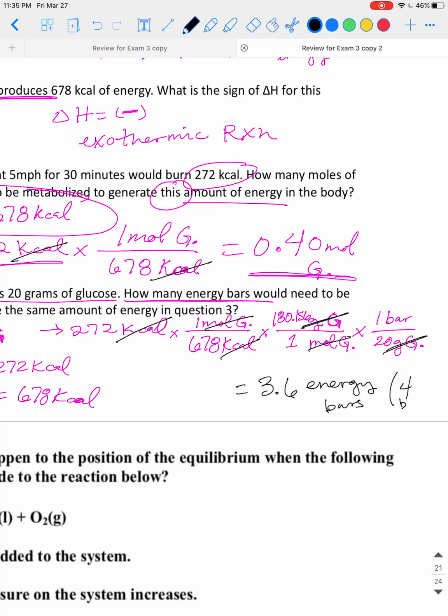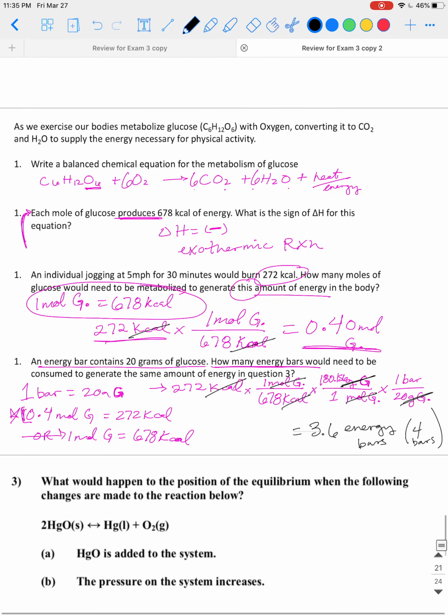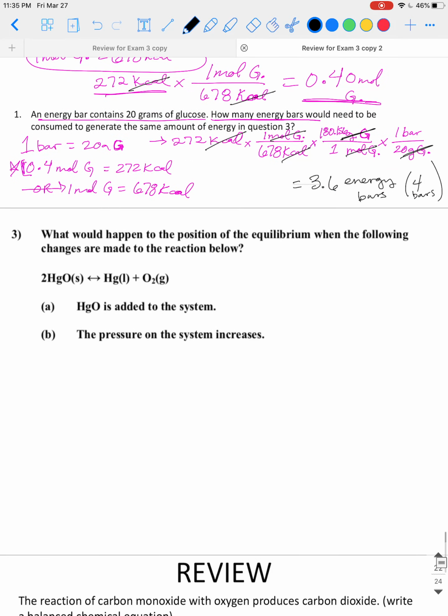And you know what? Who stops at 0.6 bars? So we'll just say 4 bars. All right, that is the end of this conversion problem.